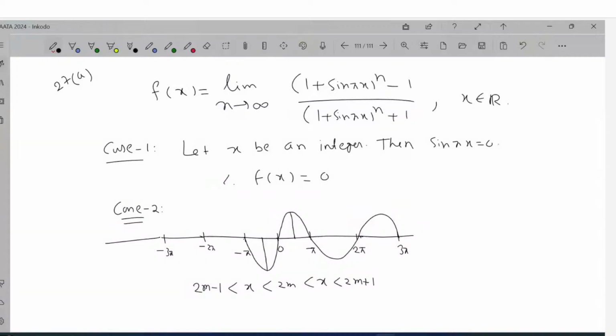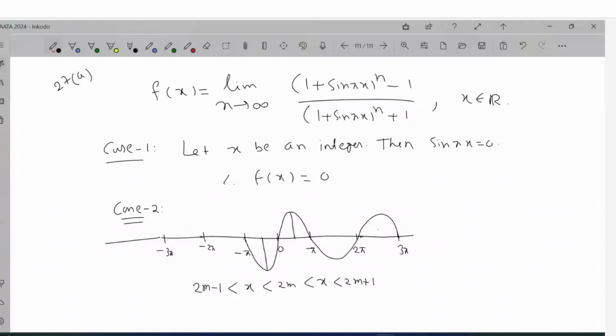So when we have this part, like 2m to 2m plus 1, what are we getting? Maximum value 1 and minimum value 0. But when we have 2m minus 1 to 2m, what are we getting? Maximum value 0, minimum value minus 1. So let me write it down.